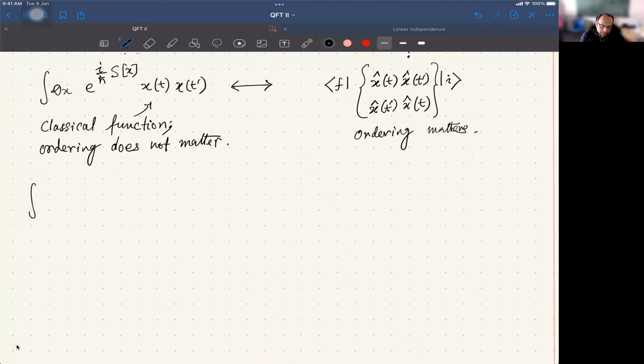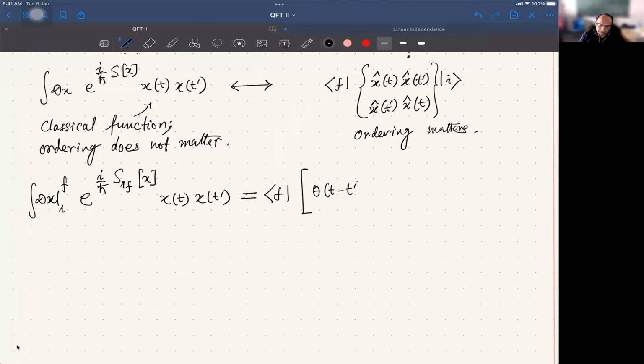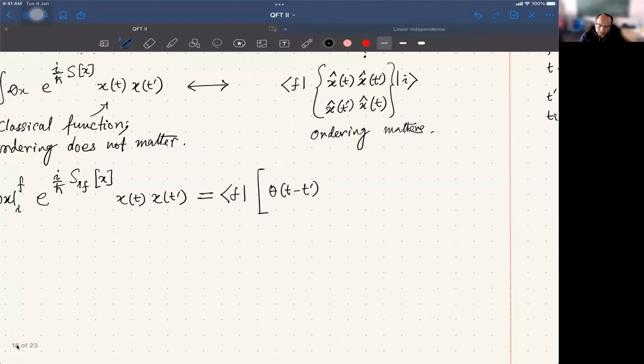Therefore, we should write this expression: the integral Dx e^{(i/ħ) S[x]} x(t) x(t prime) should be equal to, if t is greater than t prime, so let me put theta(t minus t prime), then this term will be x hat(t) x hat(t prime).